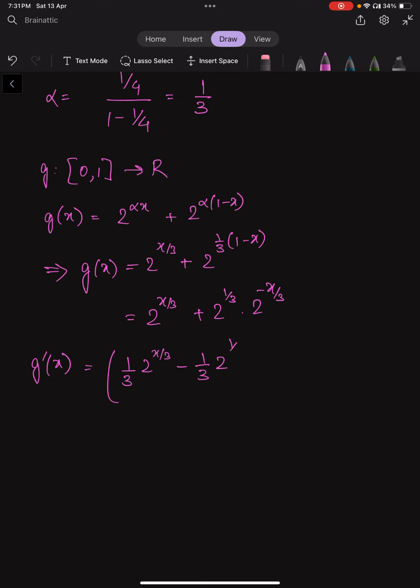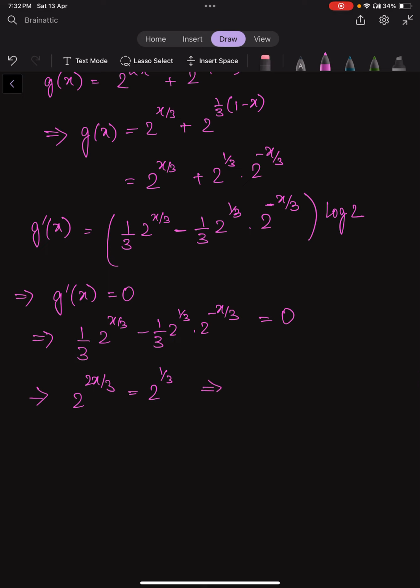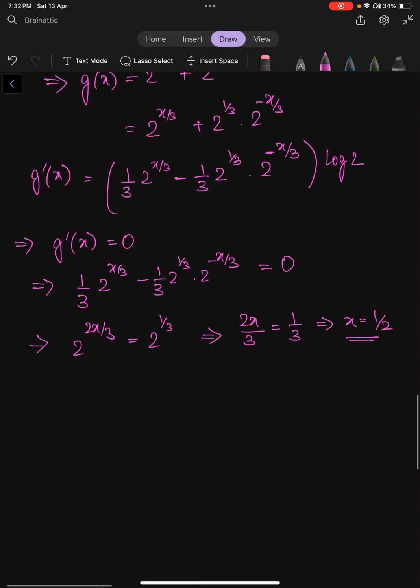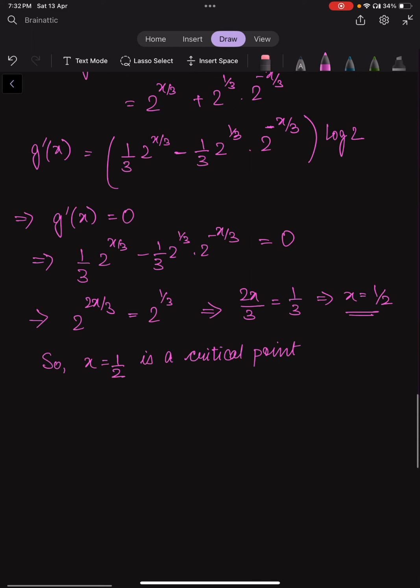Okay, so we have 2 power 2x by 3 is equal to 2 power 1 by 3. Now this is fairly simple to solve. 2x by 3 is equal to 1 by 3 and x is equal to half. So we have found the value of x, and x equal to 1 by 2 is a critical point. When the derivative is equal to 0, we say that it is a critical point.